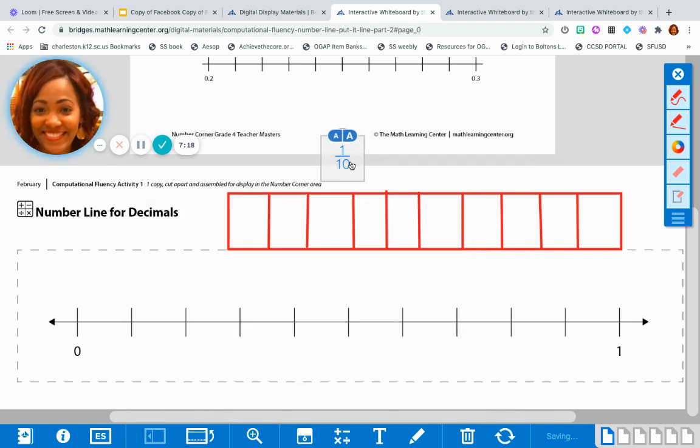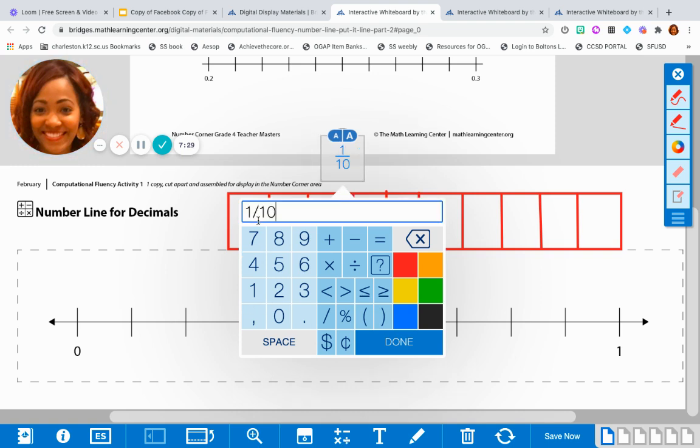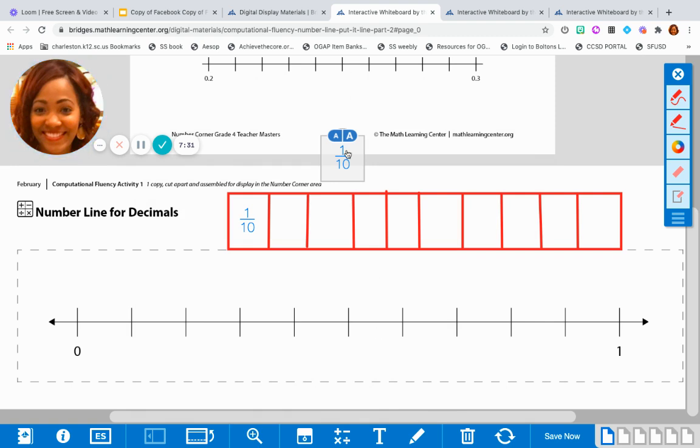Right, I would say that it is a tenth. And so maybe I would say that this is also a tenth, which would mean the rest of these are also tenths, right? Right, so I've represented all my tenths.